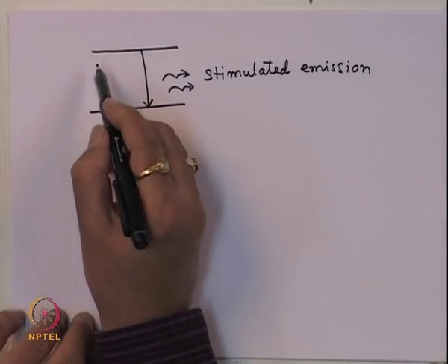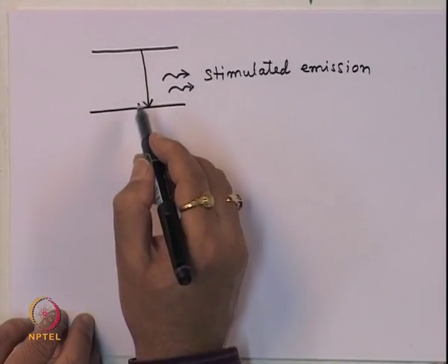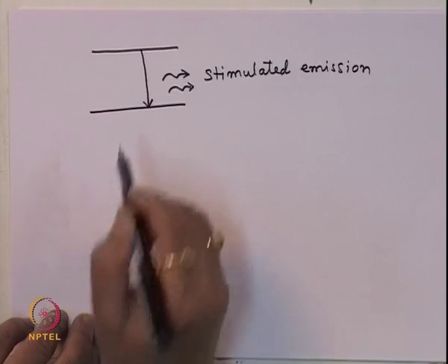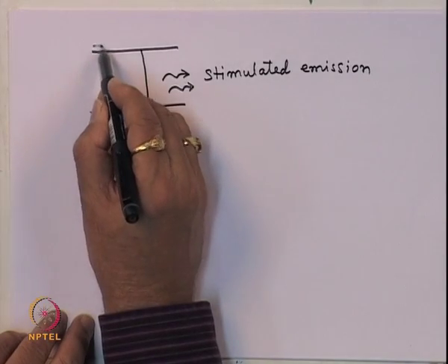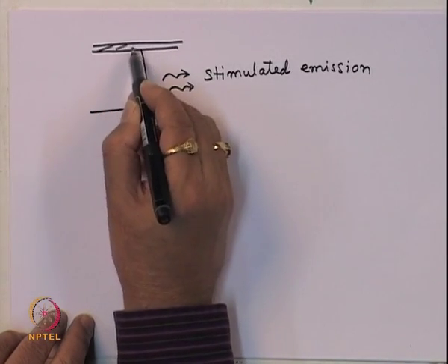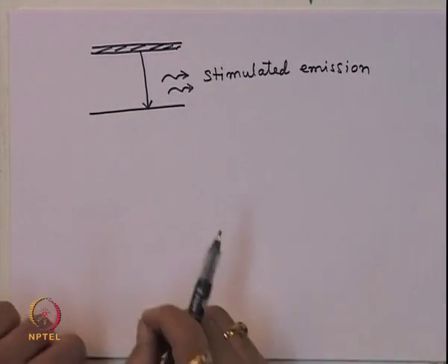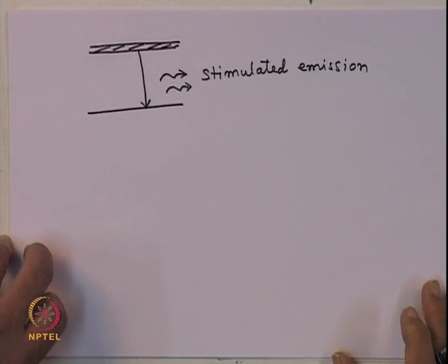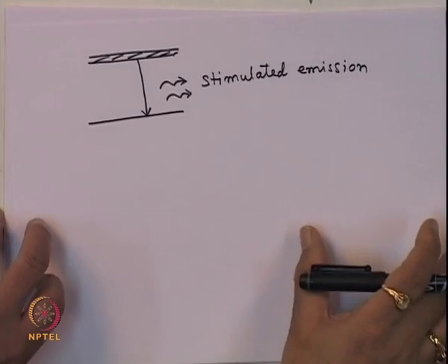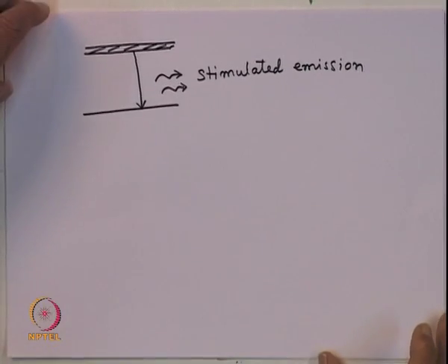We also know that because of various factors, these energy levels are not really sharp. So, these energy levels are a little diffused, and because of that you do not get a monochromatic light from the laser, but you get a certain bandwidth associated with the emission from the system.